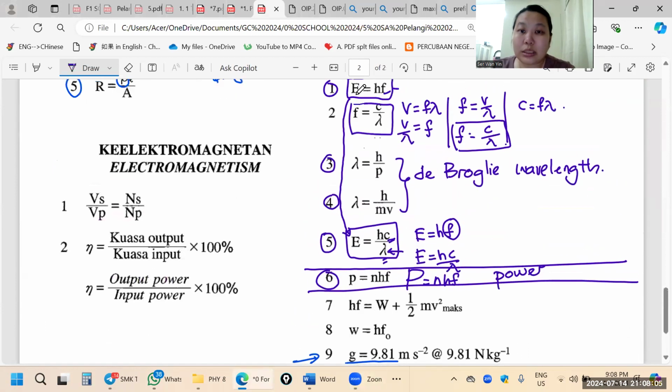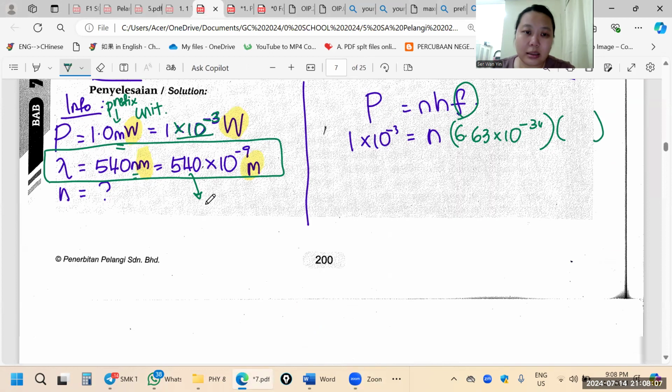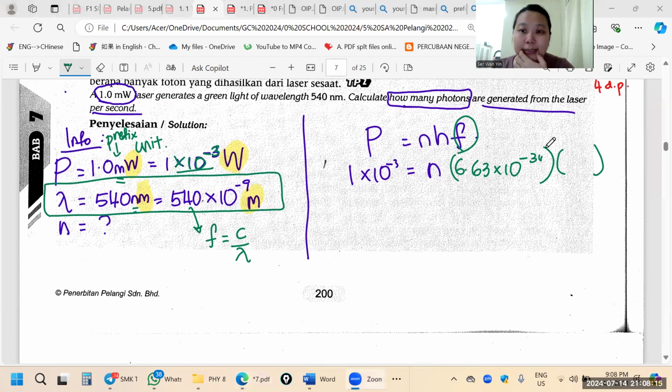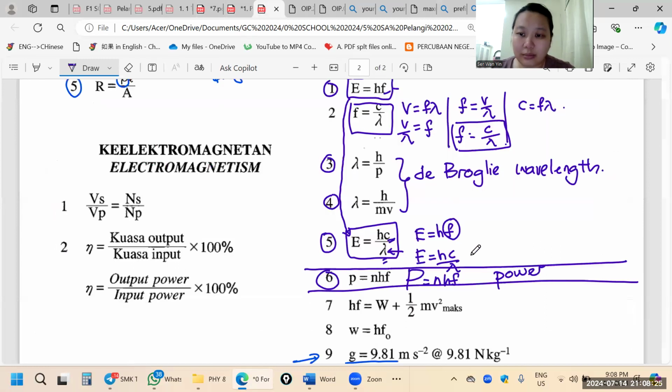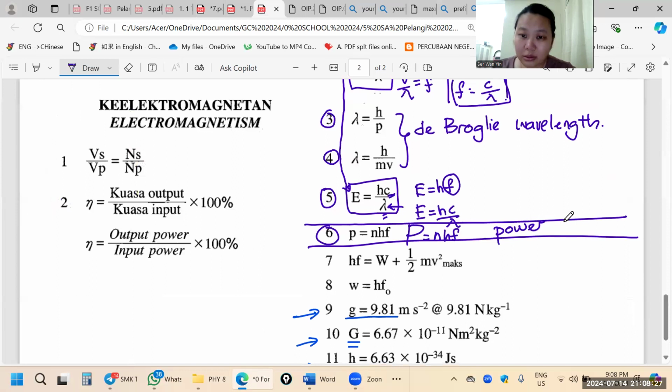F equals C over lambda. Before we substitute, we can also do this: N H C over lambda. So F is not given, so we can say P equals NHC over lambda.